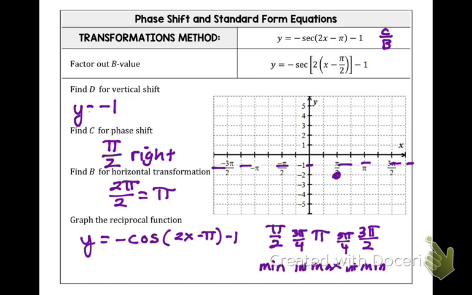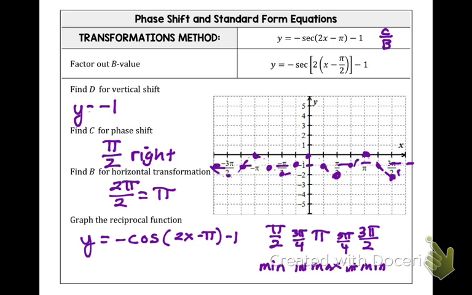At a full pi, I'm going to go up 1. And then at 3/2, we're going to be here, and then quarter, quarter. And then just kind of follow the same pattern. Dot it out.